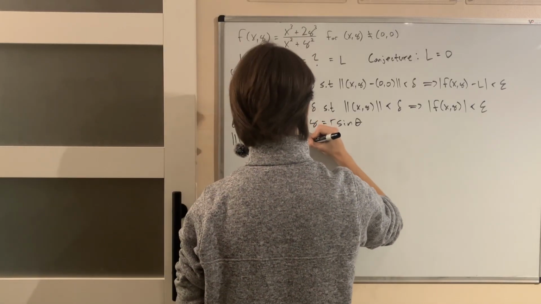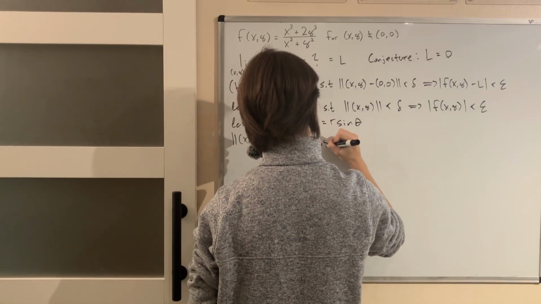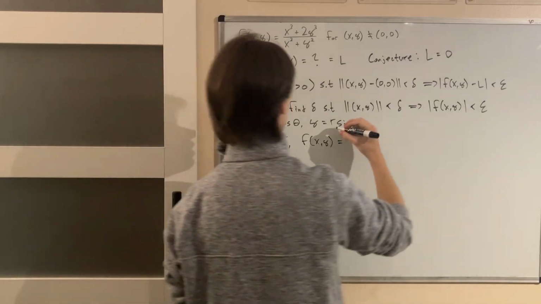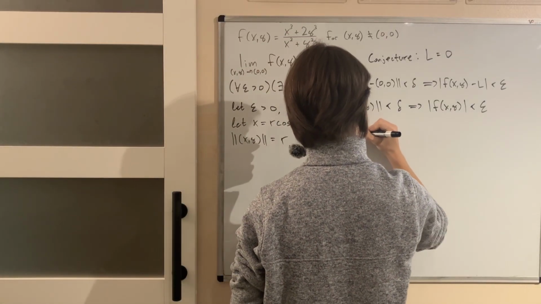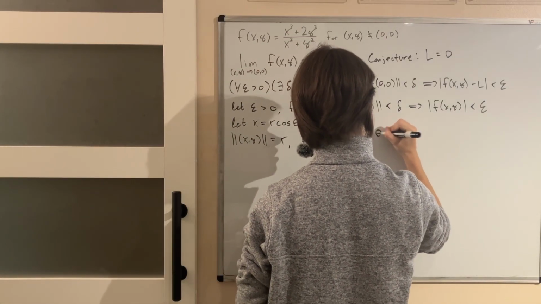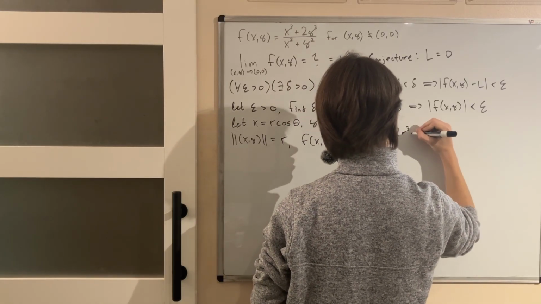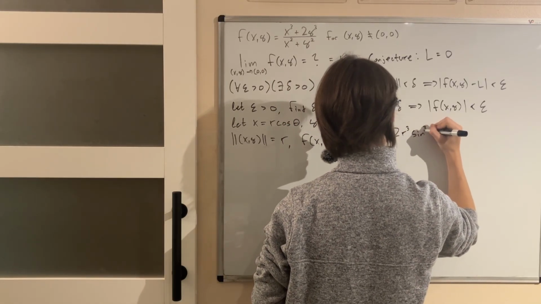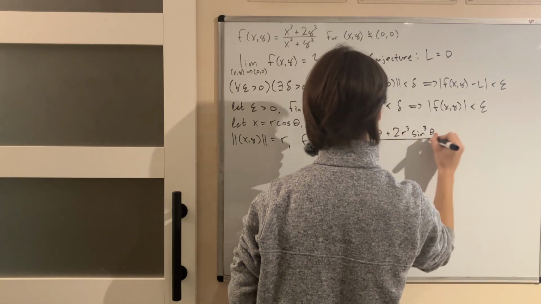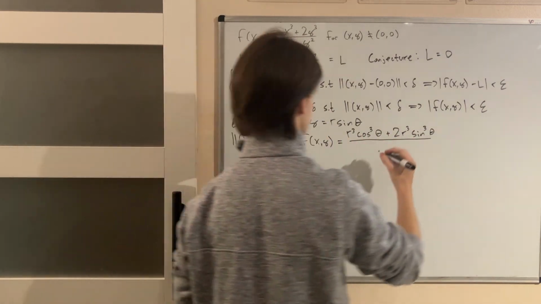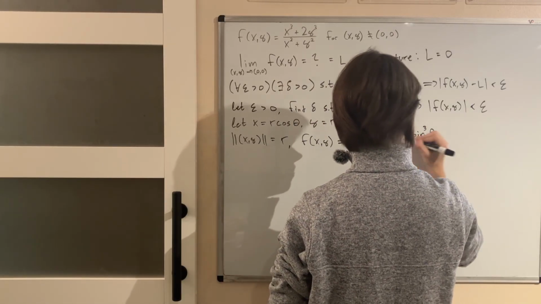And now I'll do this without absolute value for now, but I'll make some substitutions into our function. We get that f of x, y, which is equal to that. Well, let's substitute this in. We get r cubed times cosine cubed of theta, plus 2r cubed times sine cubed of theta, over, and here we literally have r squared, right? Pythagorean identity to the rescue once again.